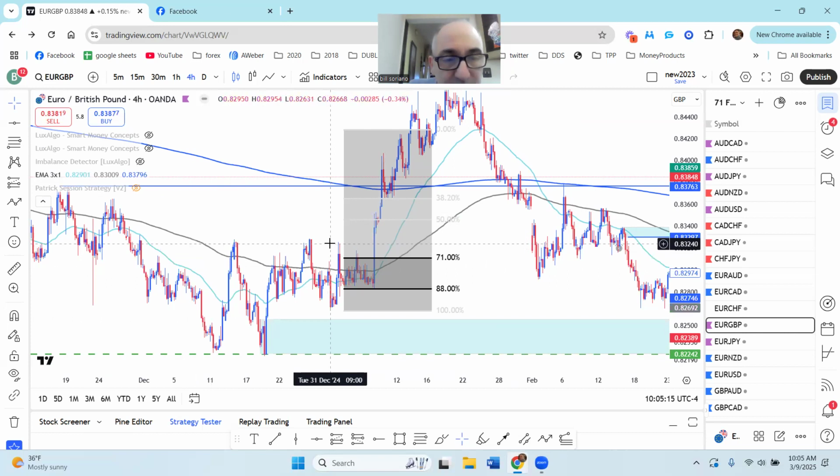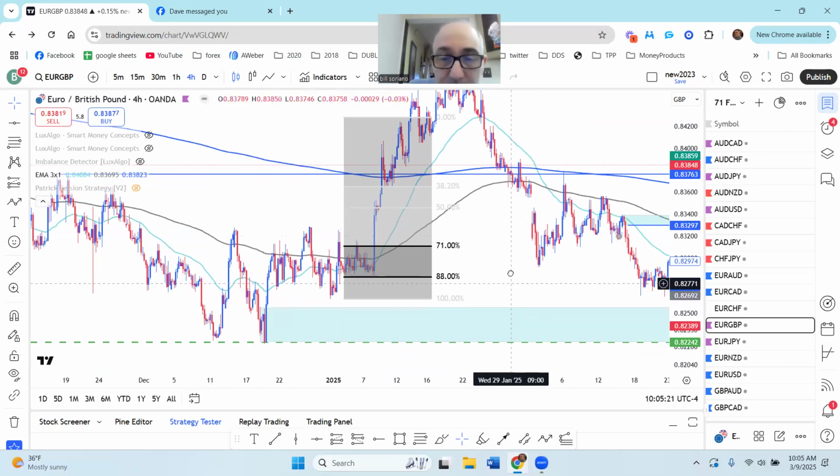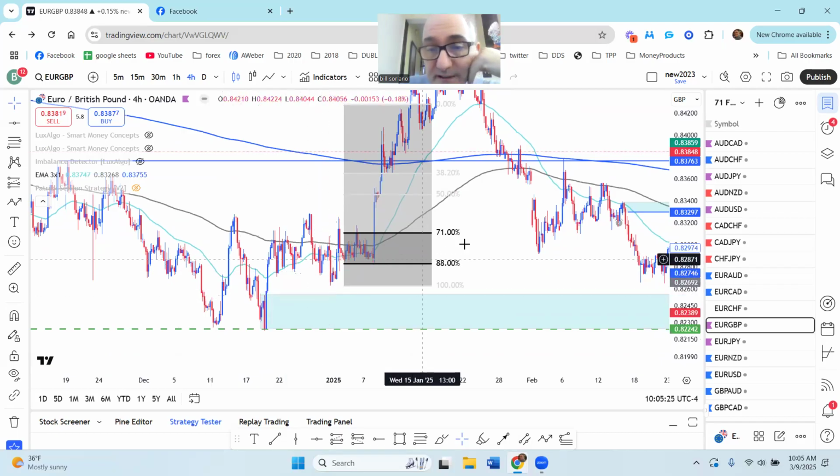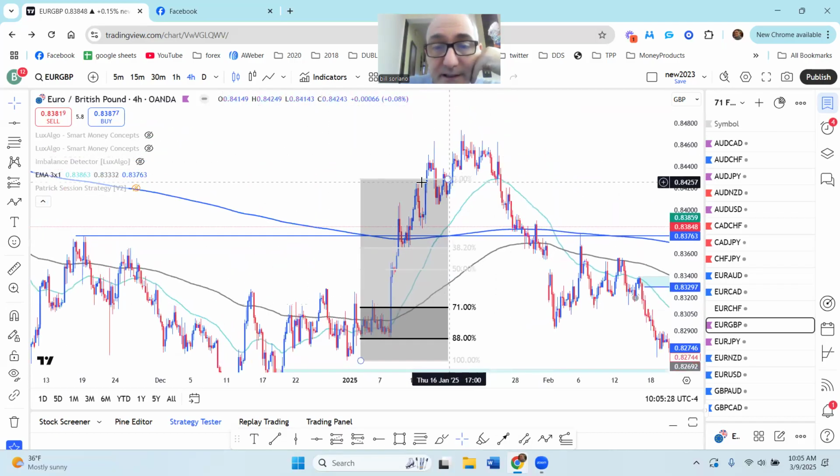Then that swing high gets broken as well, but it's not a valid break here because you don't get a close above. So some people may actually still use this area here as the swing low. I'm using this area here. But if I key again, now I get a new high.